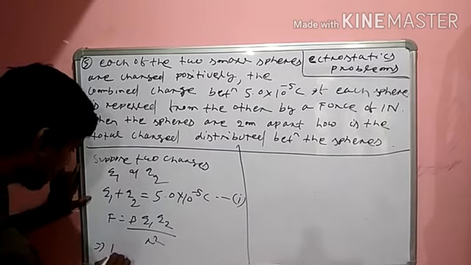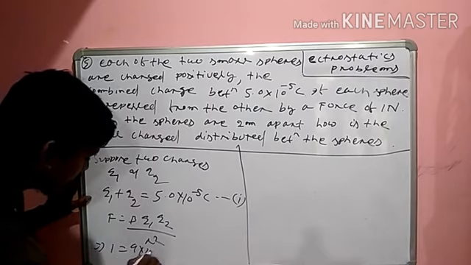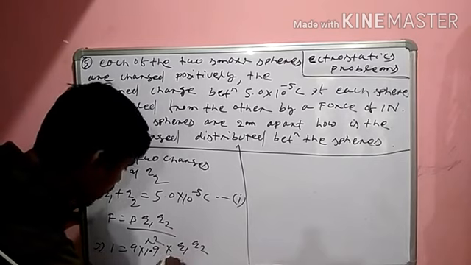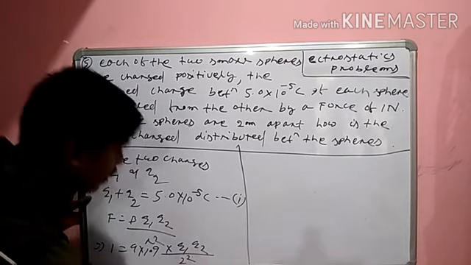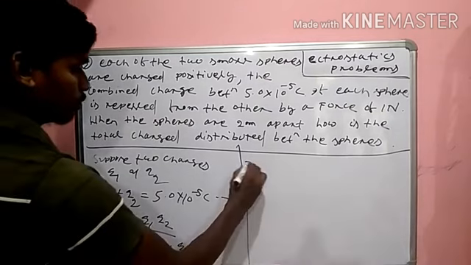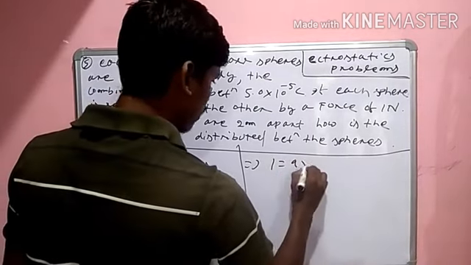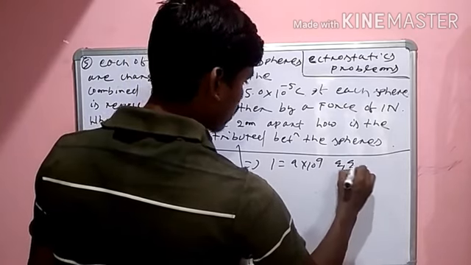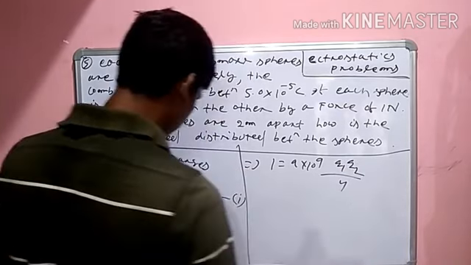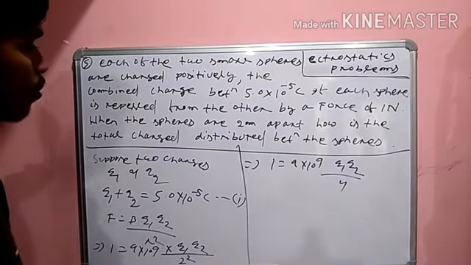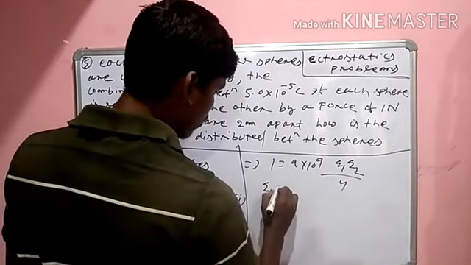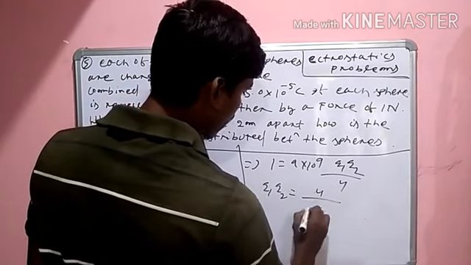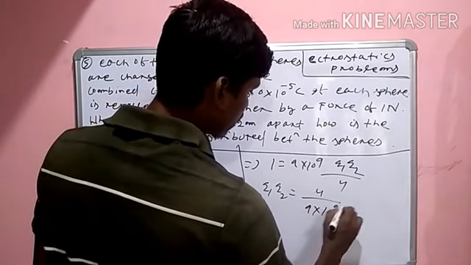F is 1, k is 9 into 10 to the 9, so 1 is equal to 9 into 10 to the 9 into Q1 Q2 divided by 2 square, that is by 4. So Q1 Q2 is 4 divided by 9 into 10 to the 9.